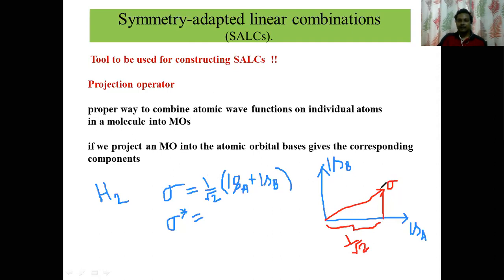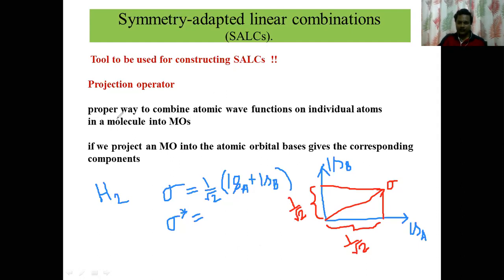Now, if I project that also, my drawing is not exactly in proportion, but it has to be like that. So this part is also going to be 1 by square root of 2, right? So that is basically the projection, what we mean by the projection operator.